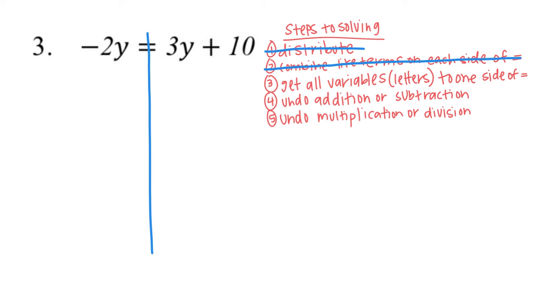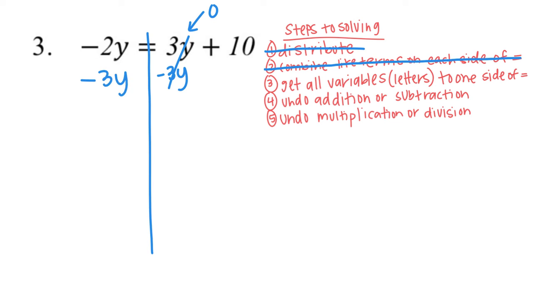Step 3 says get all letters or variables to the same side. So let's do that. Let's make that y on this side become 0. I don't want that y on that side. And right now it's a positive 3y. So if I do 3y minus 3y, that would become 0. And if I do it to one side, I have to do it to the other side of the equals.